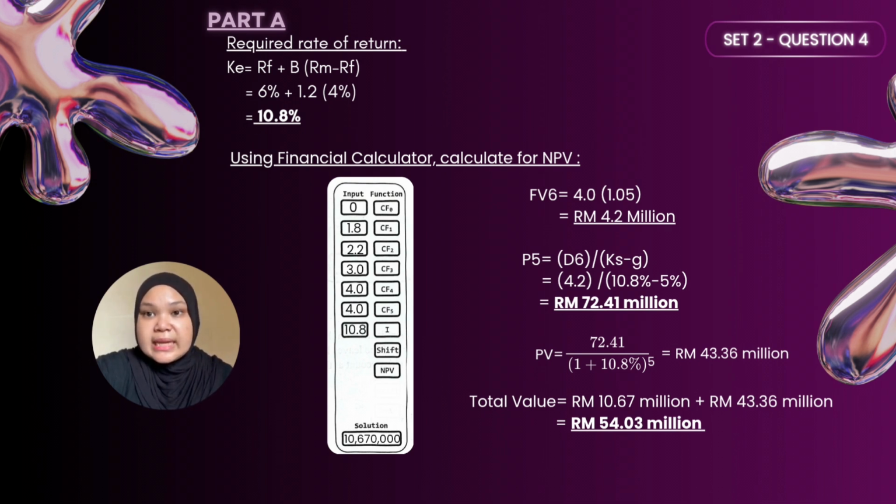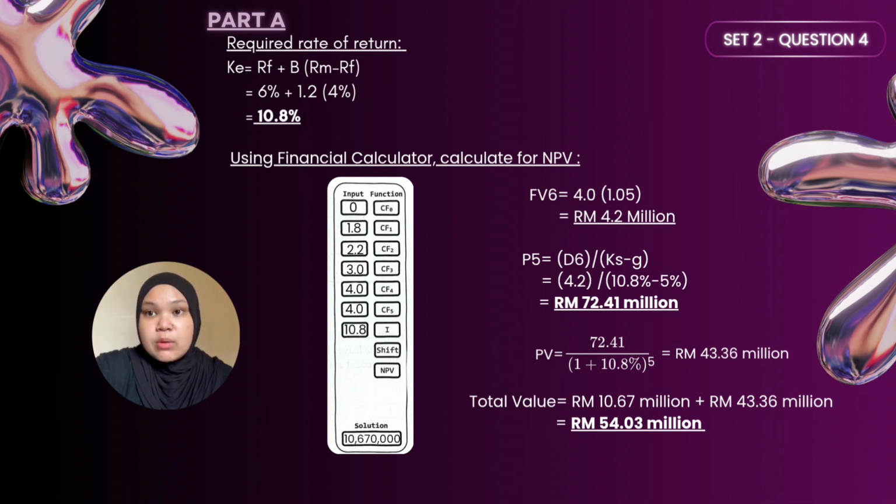First, we calculate the required rate of return using the capital asset pricing model or CAPM. The risk-free rate is 6%. The market risk premium is 4% and the post-merger beta is 1.2. Using the CAPM formula, the required rate of return is 6% plus 1.2 multiplied by 4%, which gives us 10.8%.